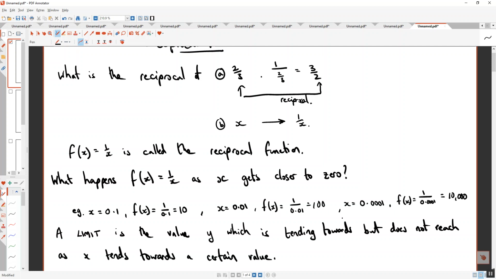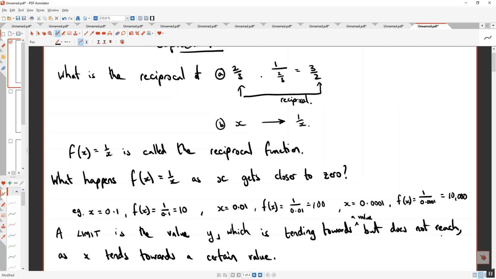A limit is a value which y is tending towards. So a limit is the value y which is tending towards a value that it does not reach, as x is tending towards a certain value.